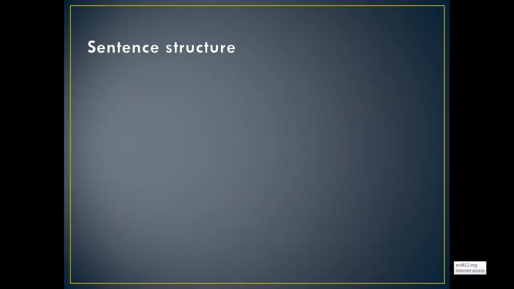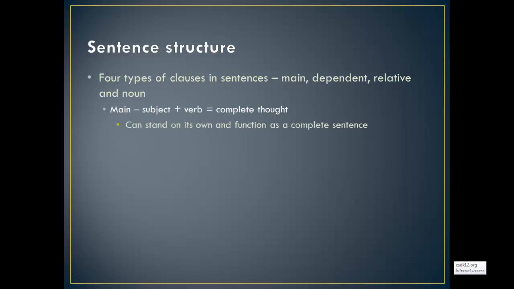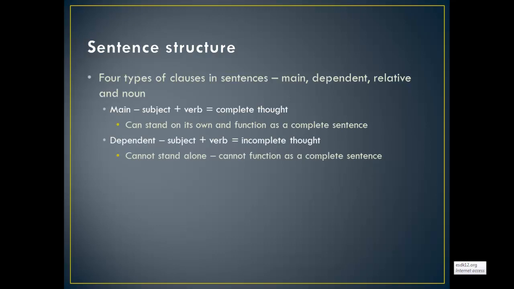All right? So when you talk about sentence structure, there are four main types of clauses. Sentences are made up of clauses. We've got main, dependent, relative, and noun clauses. Main clauses have a subject and a verb. They're a complete thought. They can do their own thing. They do not need anything else to stand on their own to be a sentence. Dependent clauses have a subject and a verb, and they're an incomplete thought.